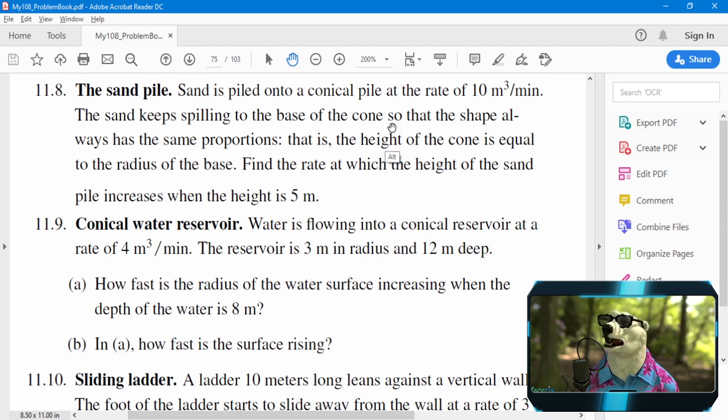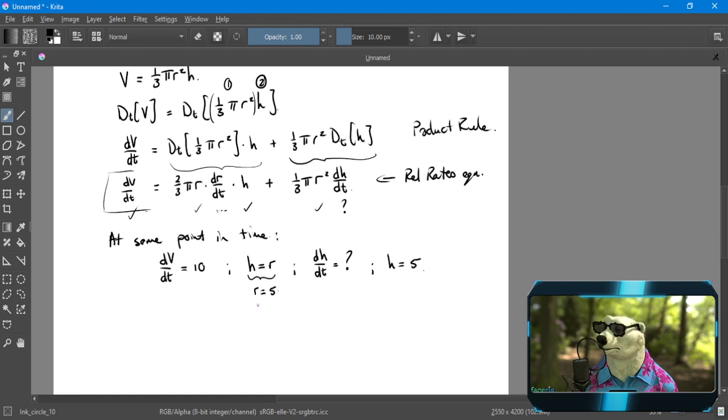And if I read the question, they do not talk about how the radius is changing in any way. But because the height and the radius are always the same, this also means that the rate of change of the radius will be the same as the rate of change of the height.